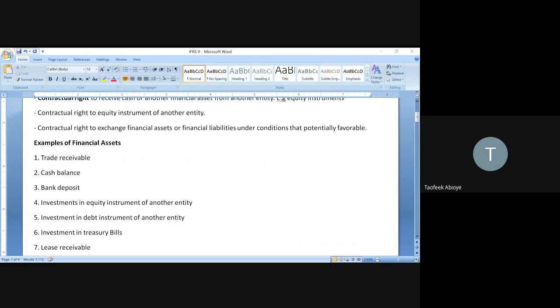To make it very easy, let me put it here, because when we start solving questions, this is what usually causes problems in financial instruments. E.g., shares.